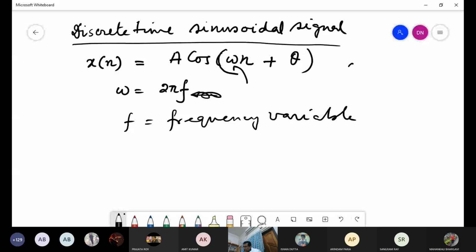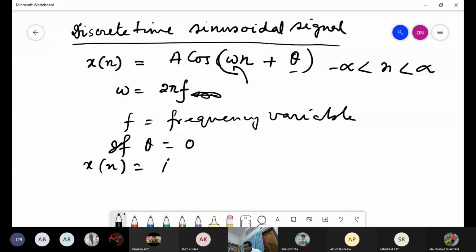Now this is valid for this range. Since n is an integer, let us consider that theta has a specific value. You can consider this as 0 also. To understand easily, consider θ equal to 0. In that case, x[n], this θ is the initial phase actually, will be A cos(ωn).